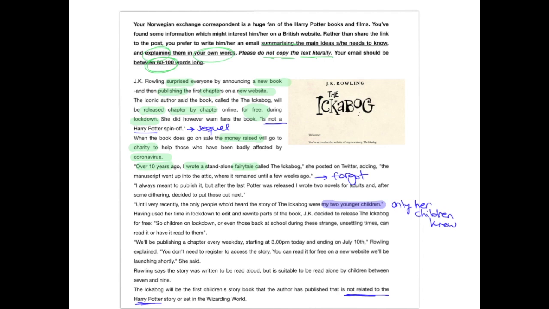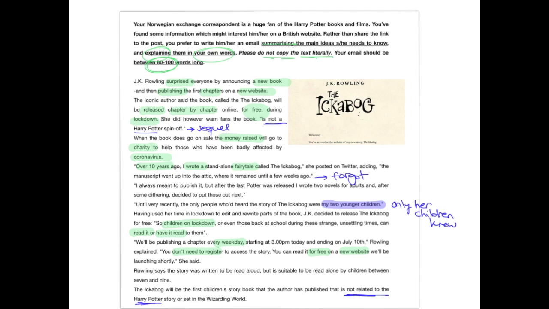She says that children on lockdown can read it or have it read to them. We're going to be publishing a chapter every weekday. Okay, so maybe that's information you can get together with the information here. Okay, no need to register, free website.